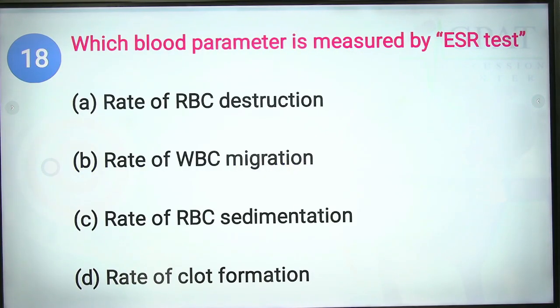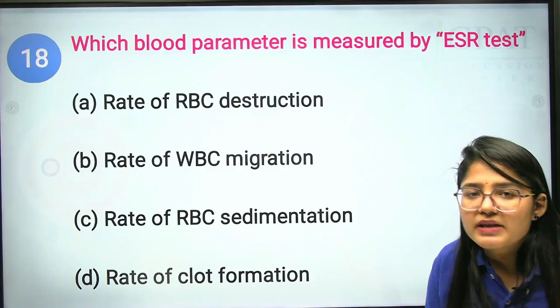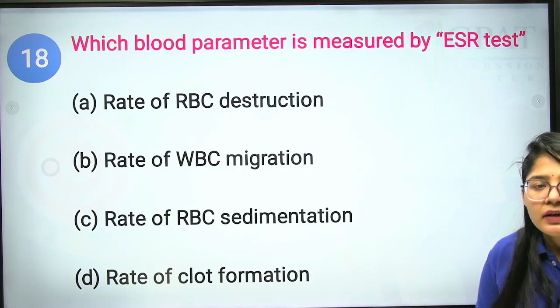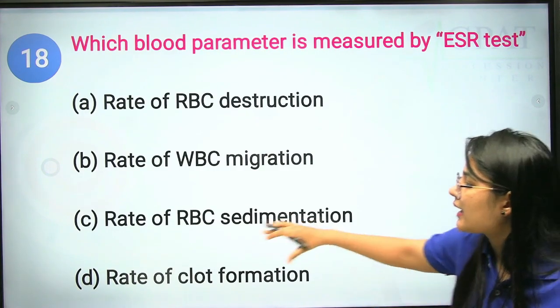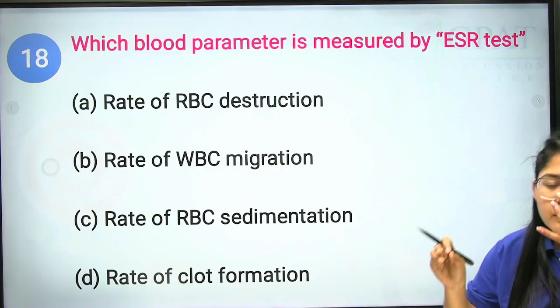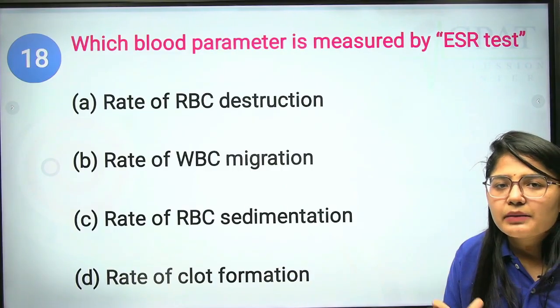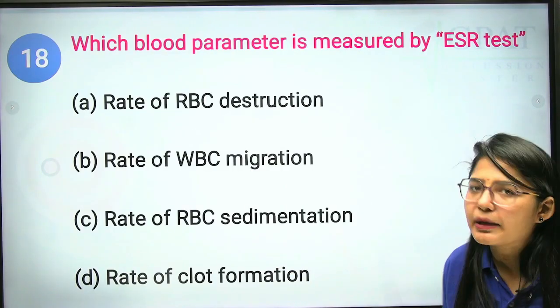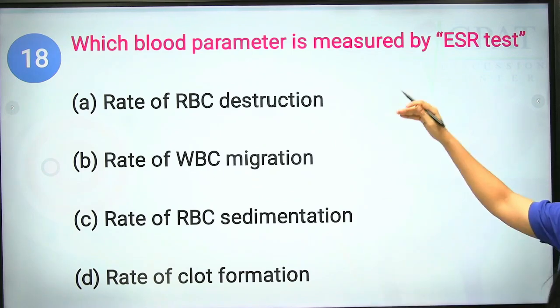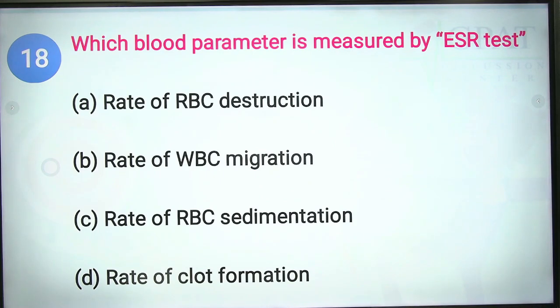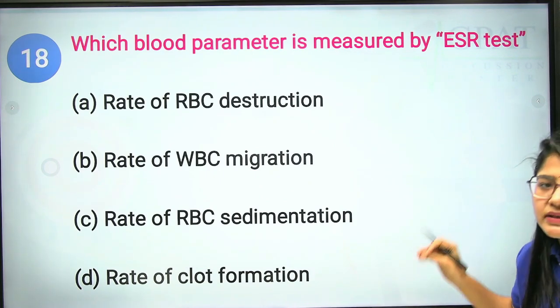Next question. Which blood parameter is measured by ESR test? ESR test means erythrocyte sedimentation rate. It is done for your red blood cells to detect the actual sedimentation rate of your RBCs. Clear? Rate of RBC destruction is done by hemolysis test.